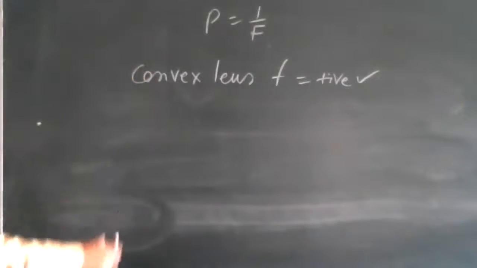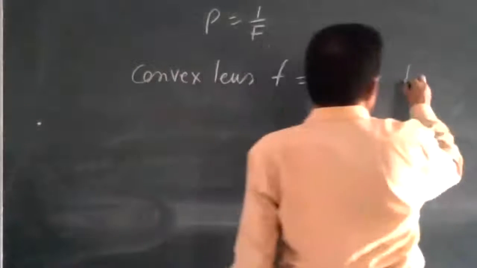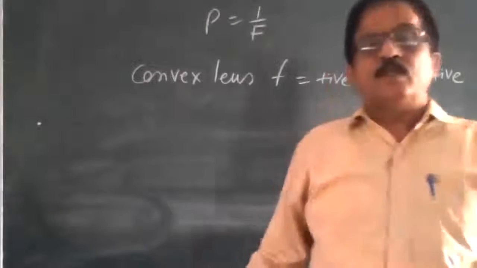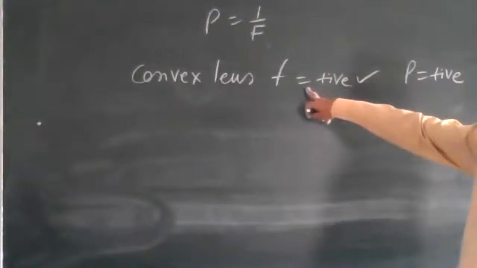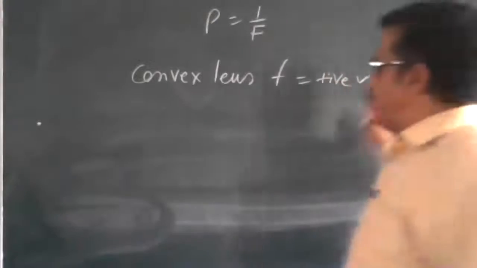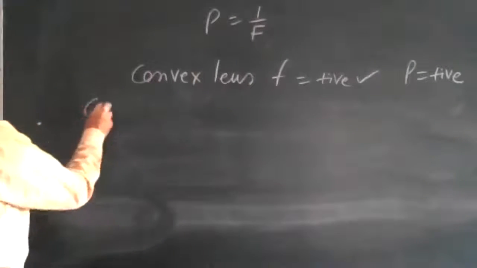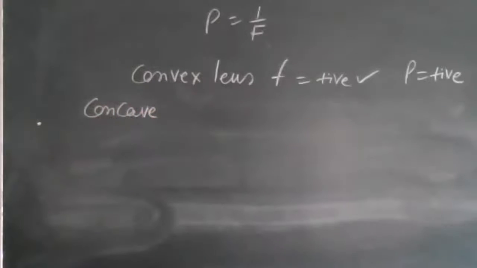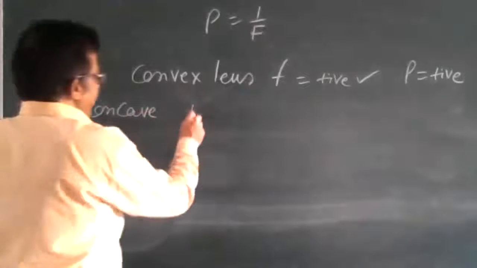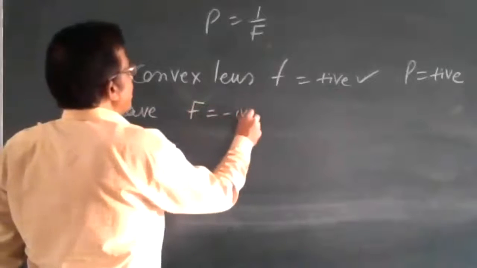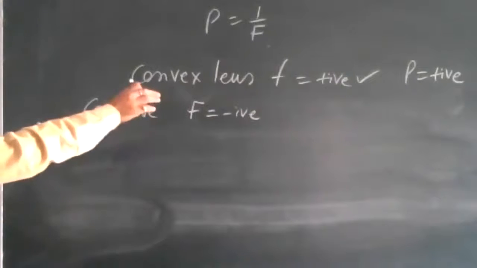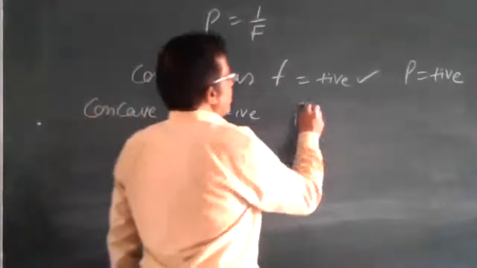The power of a convex lens is positive. कॉन्वेक्स लेंस की बच्चों फोकल लेंथ पॉजिटिव होती है तो पावर भी पॉजिटिव होगा. And for concave lens the focal length is negative. So power of a concave lens is negative.